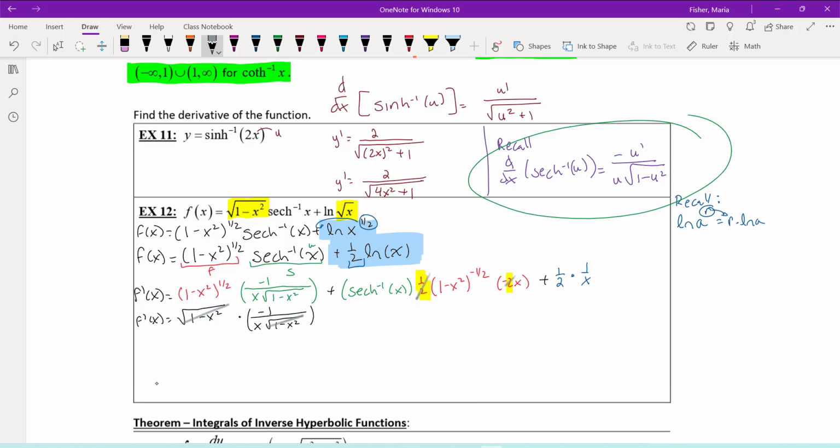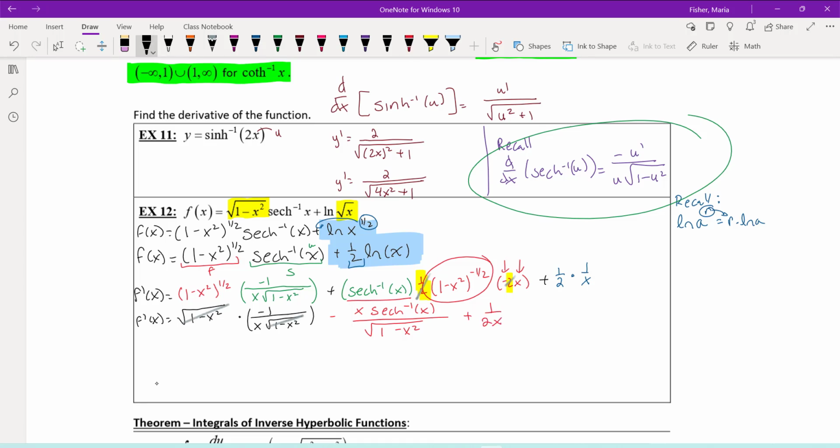And if we rewrite this without the negative exponent, we would have negative x times the inverse hyperbolic secant of x all over the square root of 1 minus x squared. And then this becomes plus 1 over 2x.